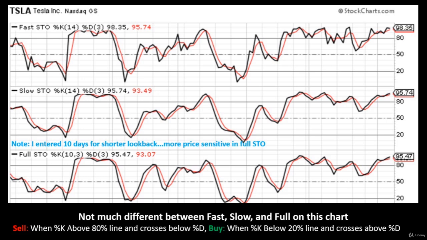If you look at the first two here, it's the exact same chart for Tesla and the exact same time period. You can see that the one below, the fast STO or stochastic oscillator, is a lot more jerky, a lot more up and down, not as smoothed out as the black line.